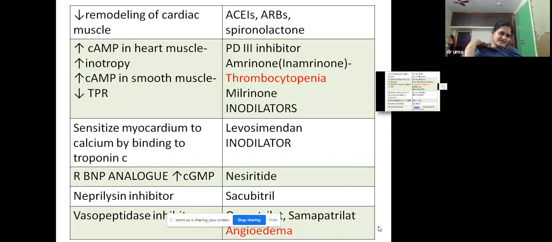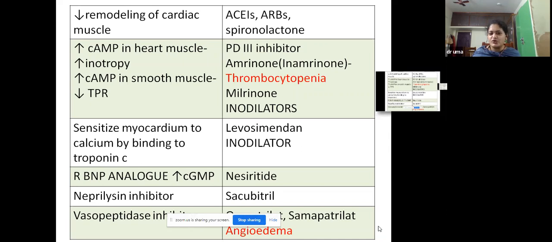The drugs which reverse the remodeling of the cardiac muscle are ACE inhibitors, angiotensin receptor blockers, and spironolactone. And inodilators cause contraction of the heart muscle and also produce vasodilatation. These are mainly phosphodiesterase 3 inhibitors like amrinone and milrinone.